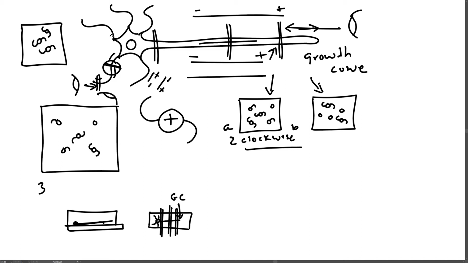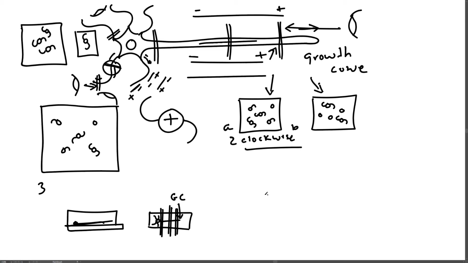Then they look at a region close to the cell body. Again, the eye looking from the growth cone of the dendrite, and in that case, the microtubules are also all in the clockwise direction, like this. So that means that microtubules here at the distal tip or at the base near the cell body all have the plus ends away from the cell body and the minus end towards the cell body.